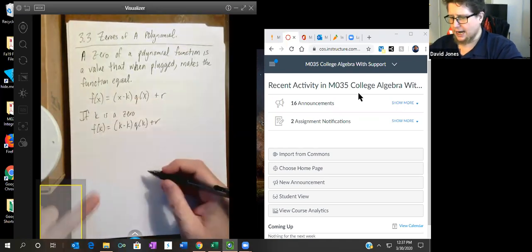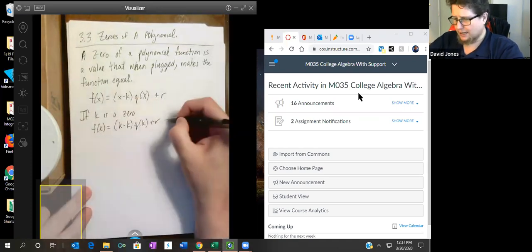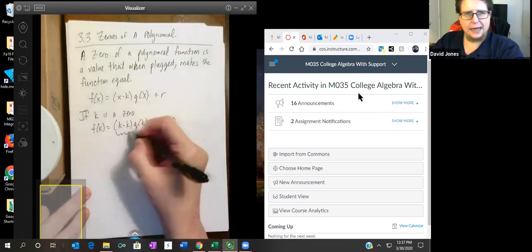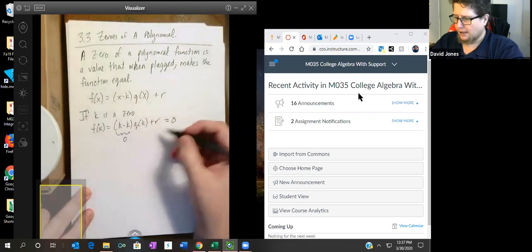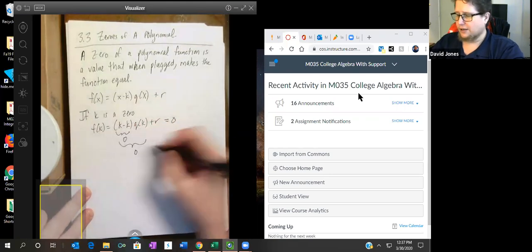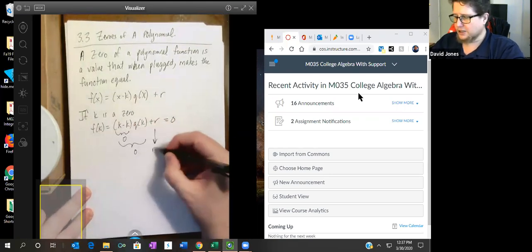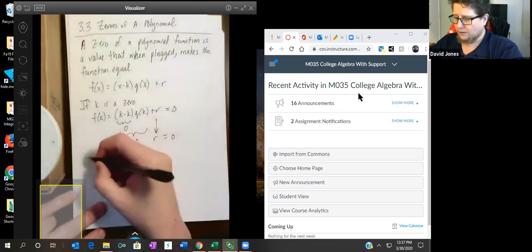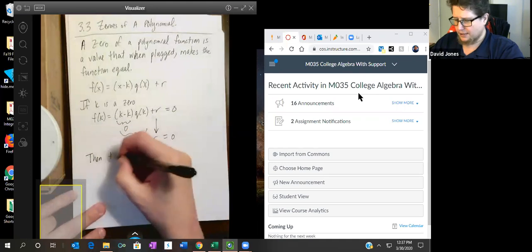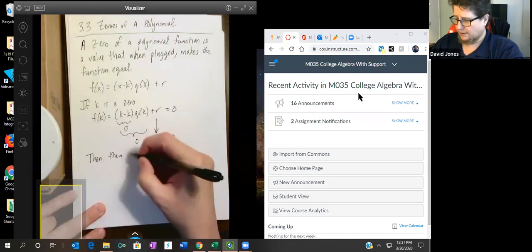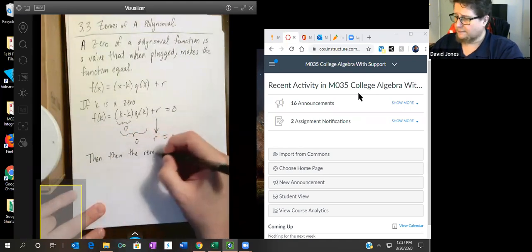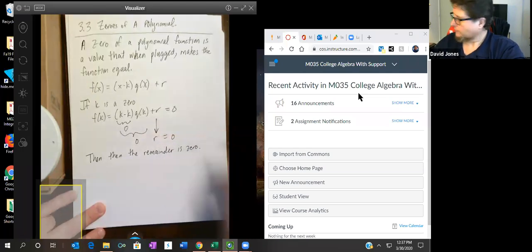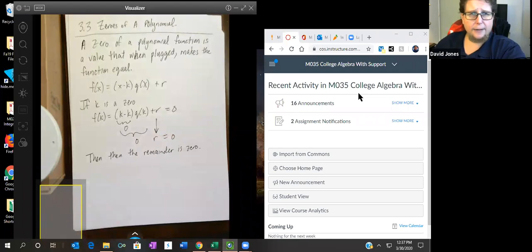And we're saying that a zero makes this equal zero. But k minus k itself equals zero. And so this whole thing is zero. And what that's telling us is r equals zero. So if k is a zero, then the remainder is zero. Okay.